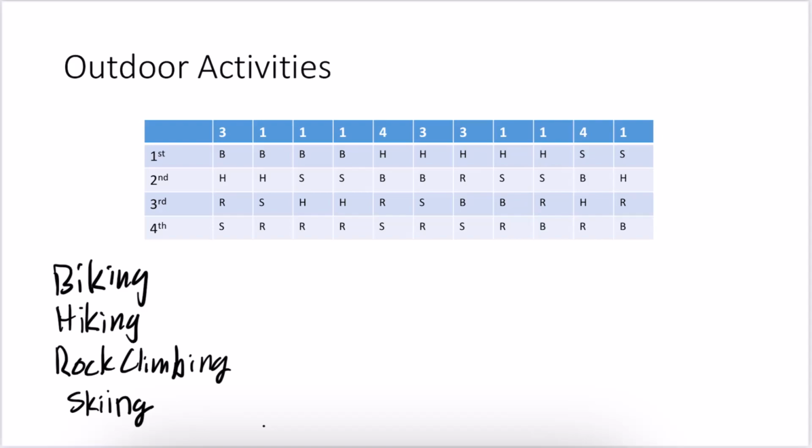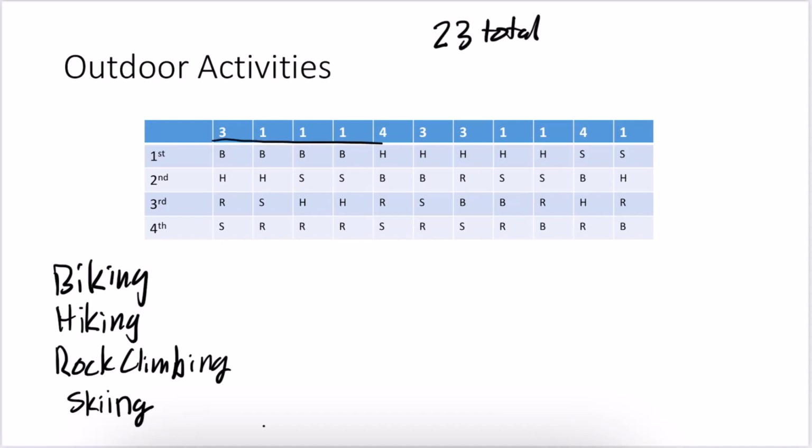Okay, so the first thing we need to do is look at how many votes we have total and divide it in half to determine how many votes are necessary to find the majority. So to calculate this out, I'll do 3 plus 1 plus 1 plus 1 plus 4 plus 3 plus 3 plus 1 plus 1 plus 4 plus 1. And that tells me that in this case as well, I have 23 total votes.